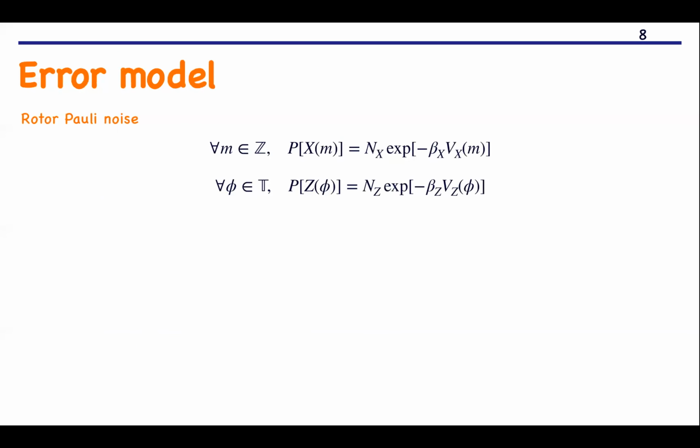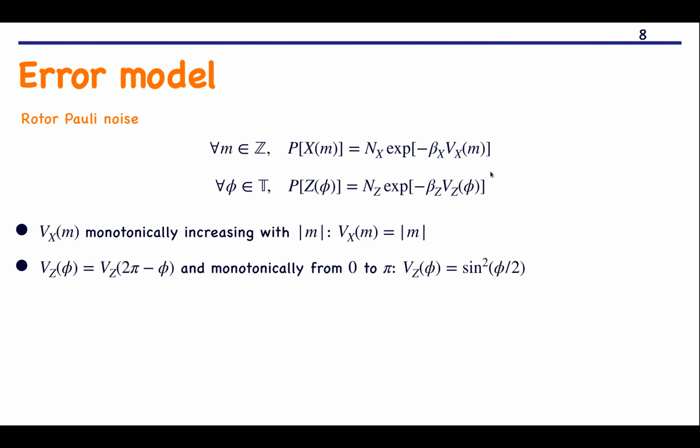All right. So now we define an error model. To start, I would say we take an error model of random shifts in phase or momentum, similar, let's say, to the GKP code. So with a certain probability distribution that we assume to be of this form, where we have two weight functions, Vx of m and Vz of phi, which we require to satisfy these conditions that are quite intuitive.